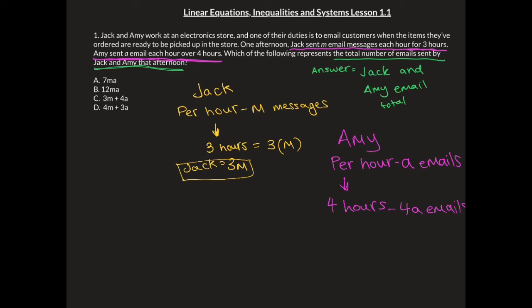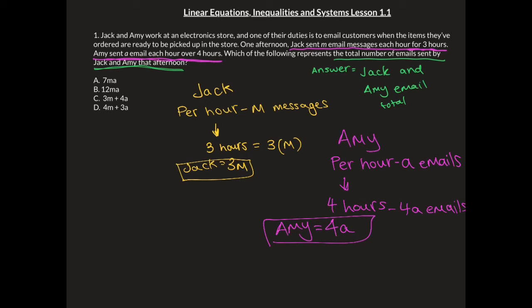Just think about it like she's sending the same emails 4 times over each hour, because A is a constant. So if she's emailing for 4 hours, then she sends 4A emails. That means Amy is equal to 4A.